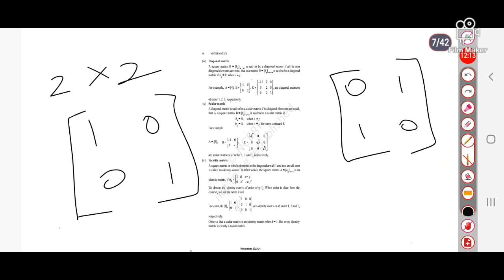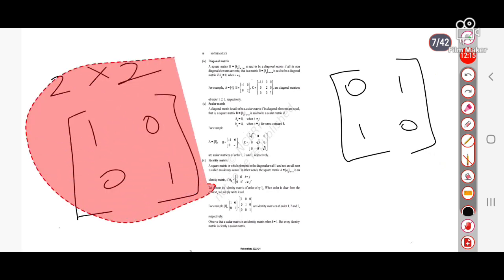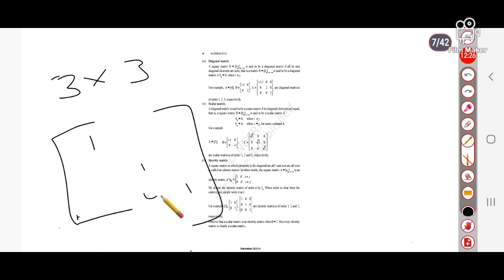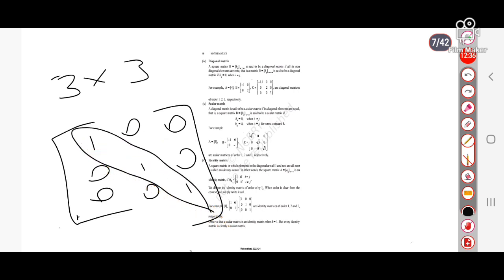Again, for a 3 by 3 matrix, 1, 1, 1 on the diagonal and 0 elsewhere. This is a 3 cross 3 identity matrix. The diagonal elements are only 1.